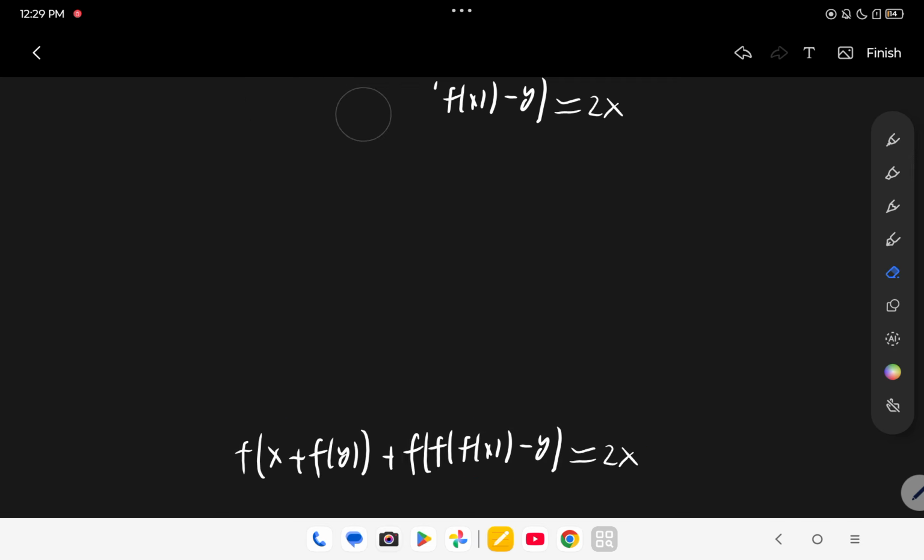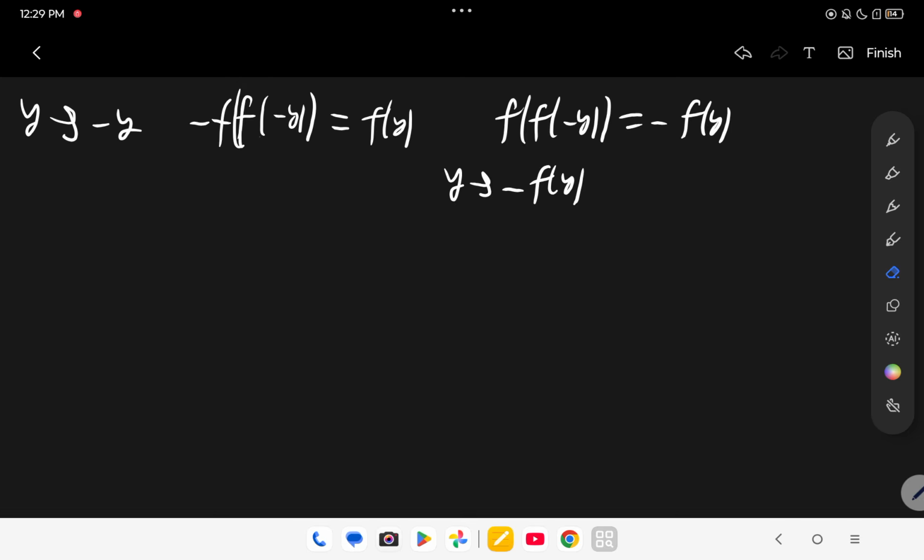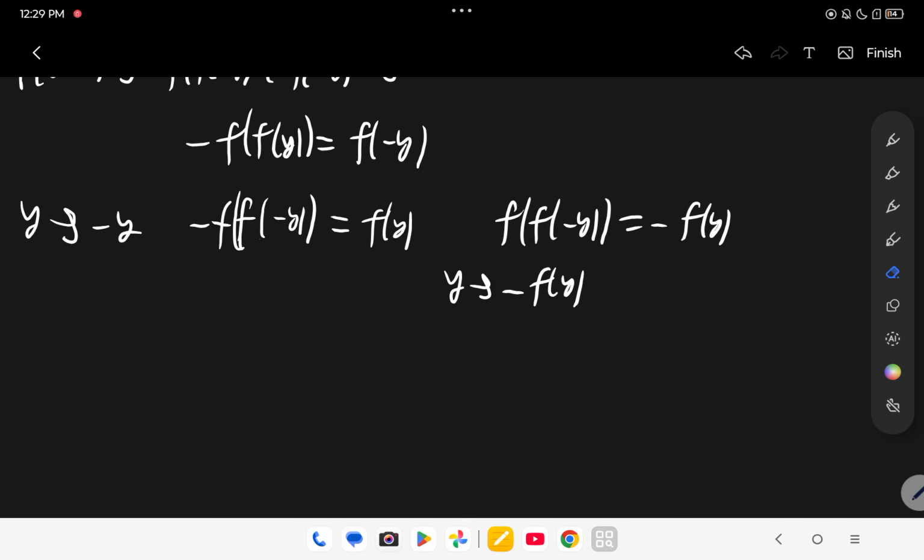We don't need this yet. So we get that f(f(y)) equals minus f(minus f(y)).